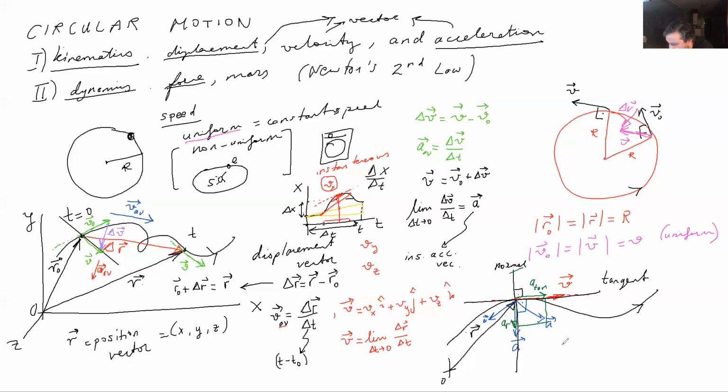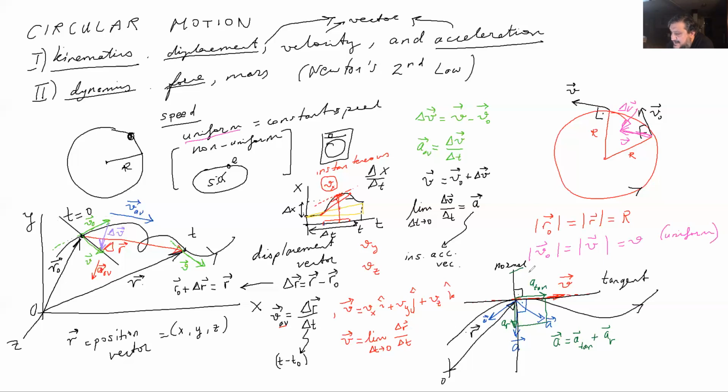So you can write A as a vector sum, a tangential plus a radial. That's what I mean by components.